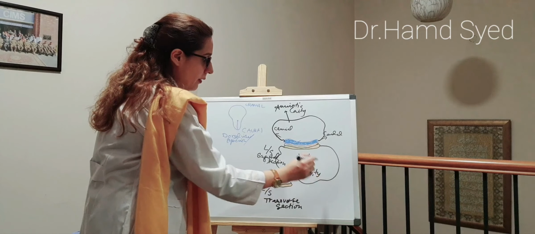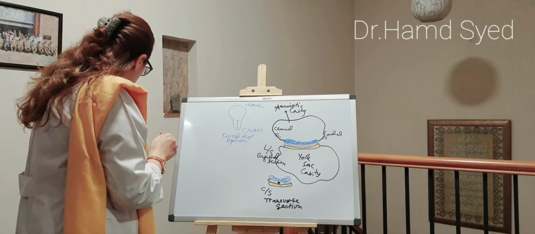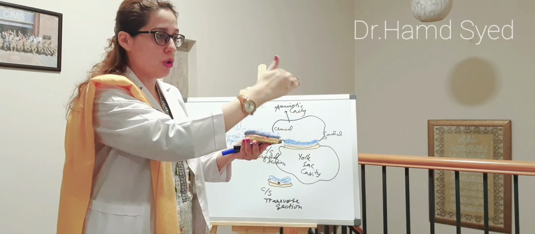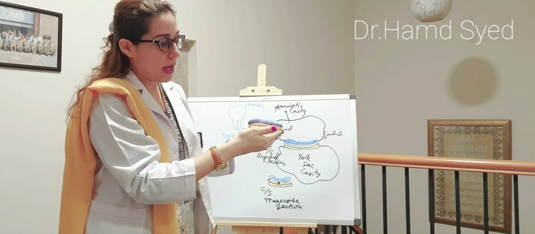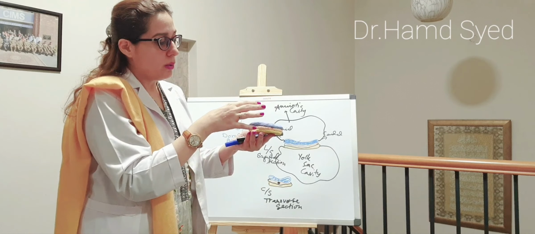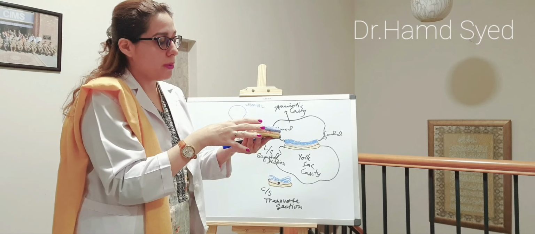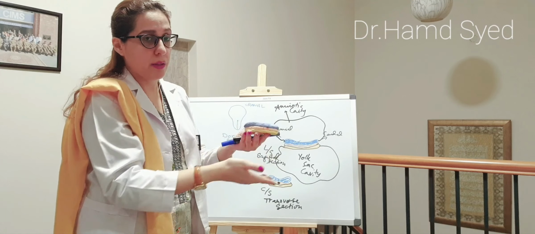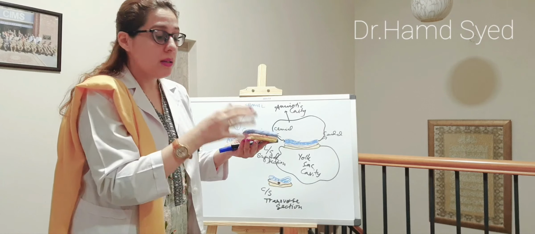So these are the two cavities which are present above and below the trilaminar germ disc. It's easier to remember that these are two smaller balloons, the amniotic cavity and the yolk sac cavity, within a single larger balloon.